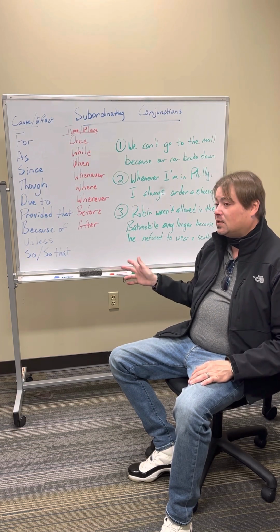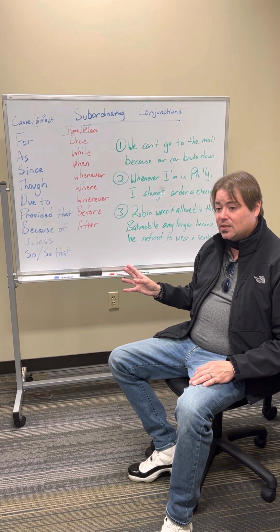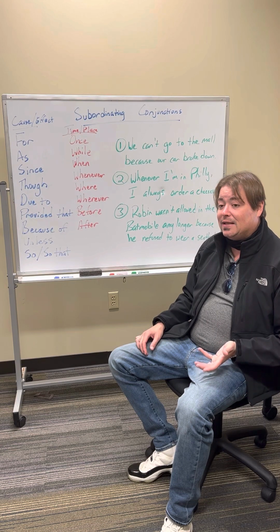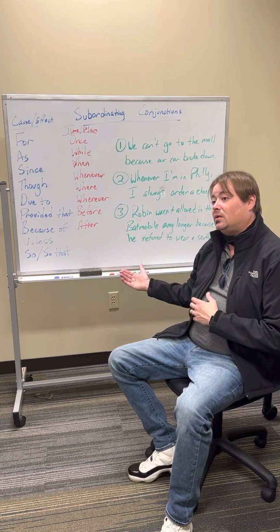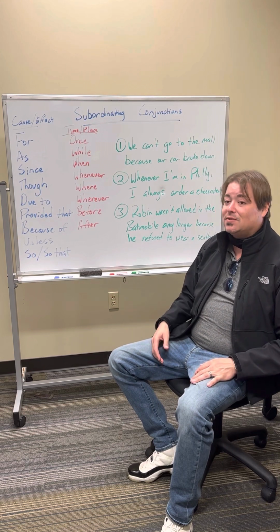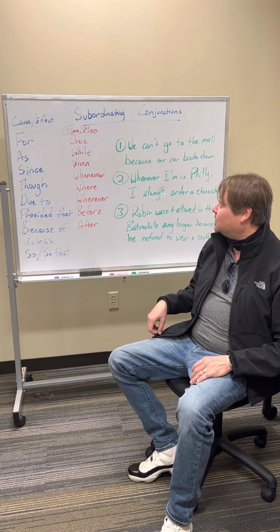Here, half of your sentence is an independent clause, meaning it could stand alone as its own sentence, and the other half is a dependent clause, and that means that it needs the independent clause to make sense. So a dependent clause cannot stand on its own grammatically as its own sentence.